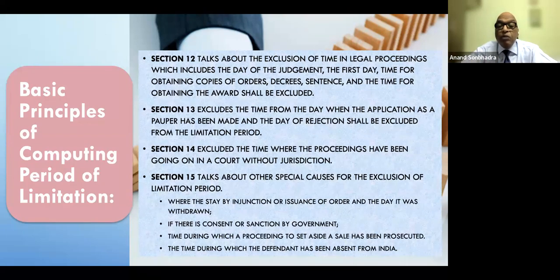The time during which a proceeding is set aside or a sale has been prosecuted is also excluded. And of course, this has to be matched contextually with the facts of the case, the time during which any defendant has been absent from India can also be excluded.